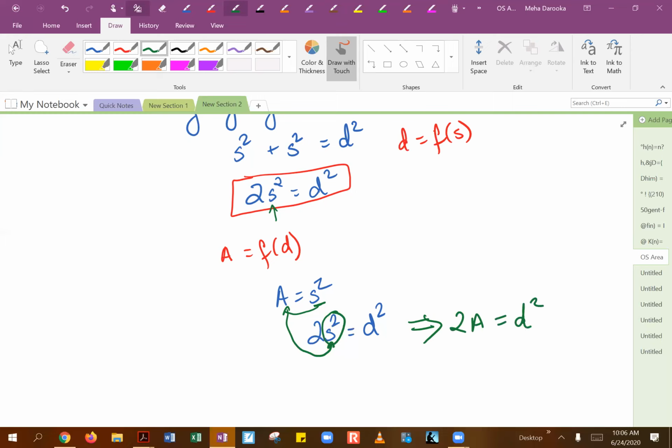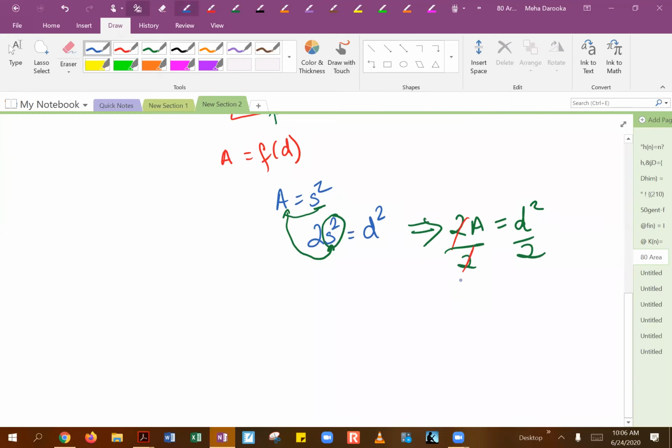All you have to do is get A by itself so that you have the area in terms of its diagonal. So you would just be dividing by 2, moving that 2 to the other side, and you have D squared over 2. This would now be area in terms of the diagonal, because instead of using the side, we are now using the diagonal to find the area of our square.